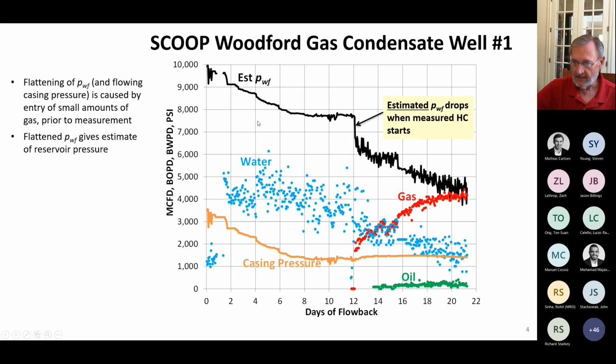But a lot of times that's all you have if there's no water only period prior to that. So what's actually happening, as I mentioned before, is you're getting trace amounts of hydrocarbons entering earlier. And so your actual bottom hole flowing pressure probably looks more like a continuous decline, and your actual gas production is increasing from 0 up to where you first start measuring it. So that's why we use the flattening area as an estimate of reservoir pressure.